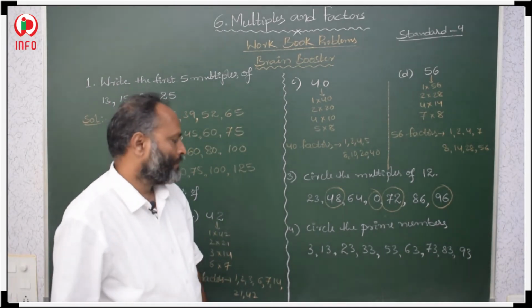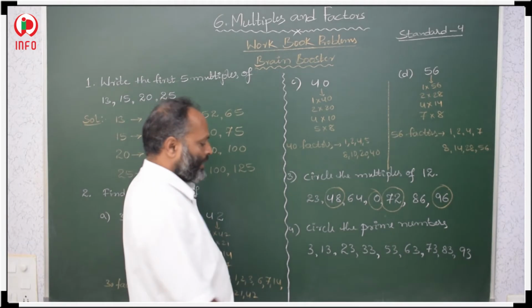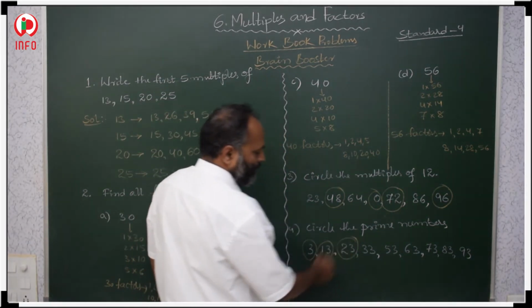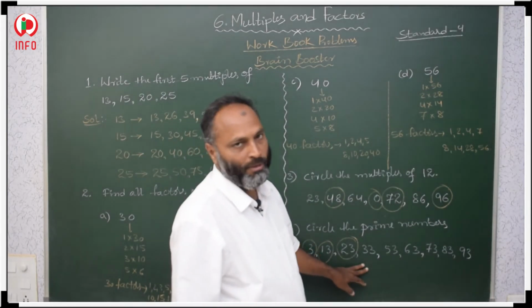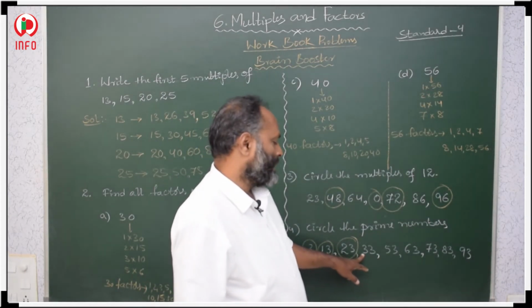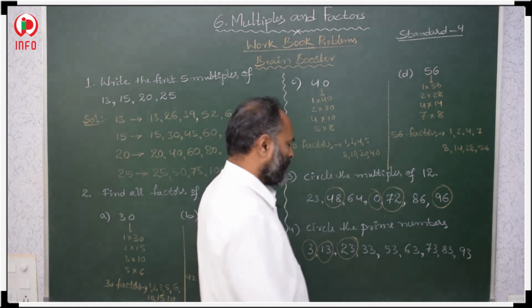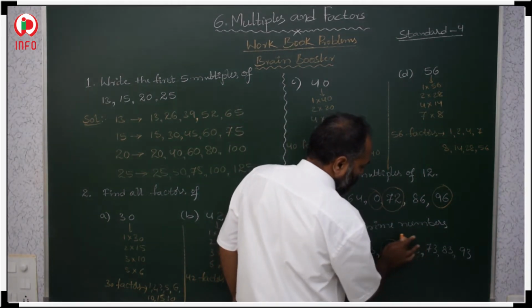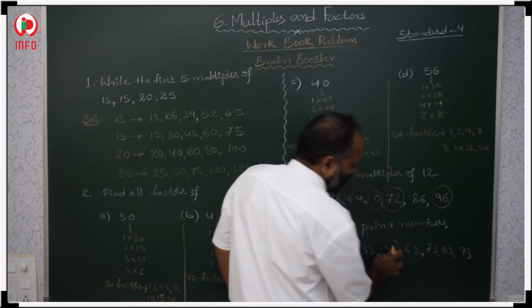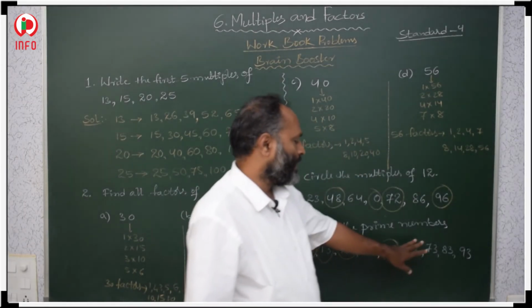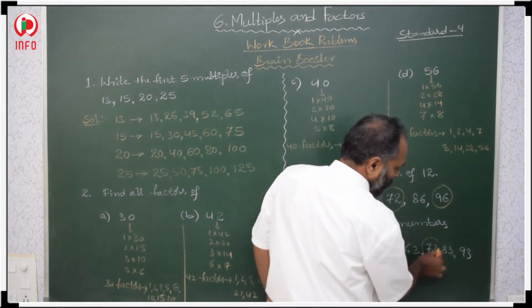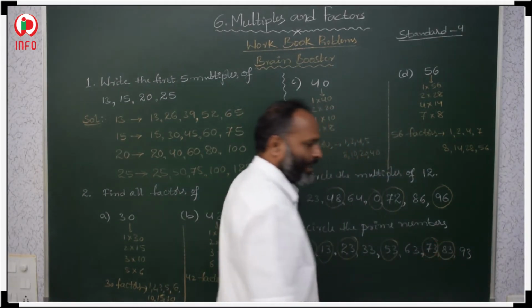Okay, circle the prime numbers. 3 is a prime number, 13 is a prime number, 23 is a prime number, 33 is not a prime number. Why? Because 3 elevens are 33. So 53 is a prime number, 63 is not a prime number. Why? 3 twenty-ones are 63, or otherwise 7 nines are 63. 73 is a prime number and 83 is a prime number.